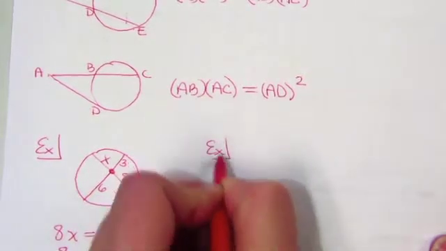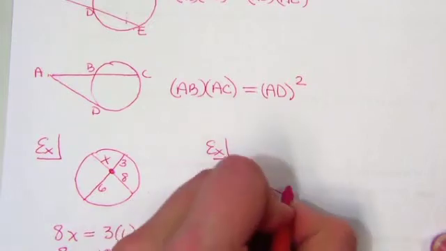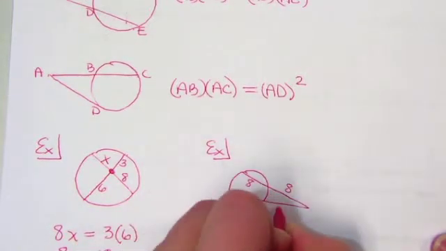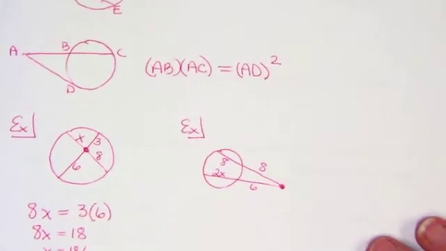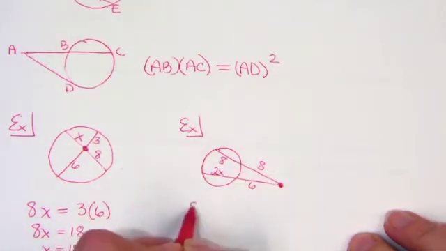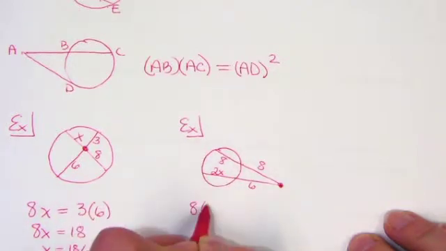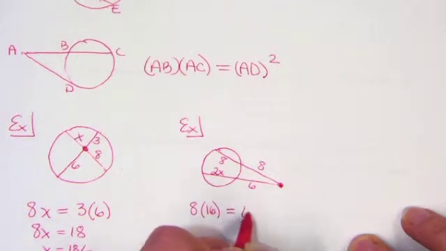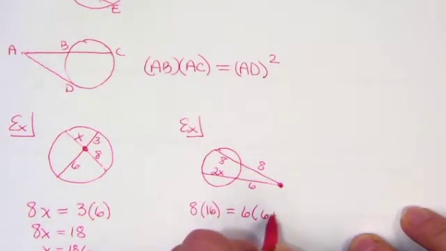Next example, secant, secant. Here's my point. I'm going to go point to circle 8 times point all the way to the circle, 16, equals point to circle 6, point all the way to the circle, 6 plus 2x.